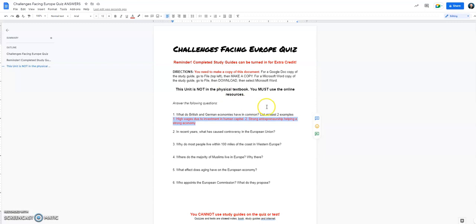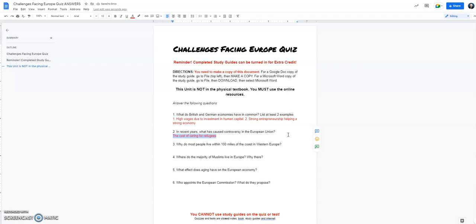Question 2. In recent years, what has caused controversy in the European Union? So the European Union is the collection of European countries that form this union, and they make decisions together, they debate things together, they have common laws and goals and currency. In recent years, we're talking around 2015, 16, one of the controversies that was arising was the influx of refugees, right?